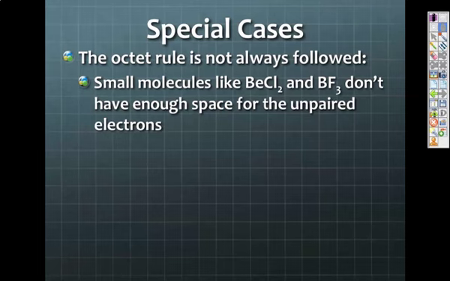It's going to be a very polar compound. So in BF3, the fluorines would each have their 8 electrons, but the boron would only have 6 around it. And that's okay because it's so small that it couldn't hold any more.